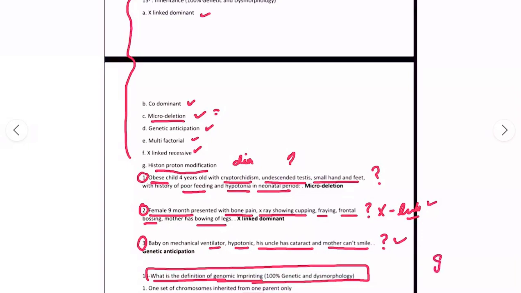There are genetic problems and there are epigenetic problems. Is genomic imprinting epigenetic? Genetic means the problem is in the DNA, a mutation. Epigenetic means along with your DNA problems, your mutation, your environmental factors also contribute to the expression of the disease.